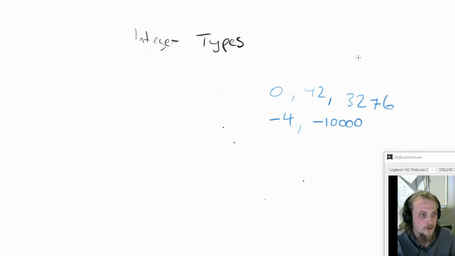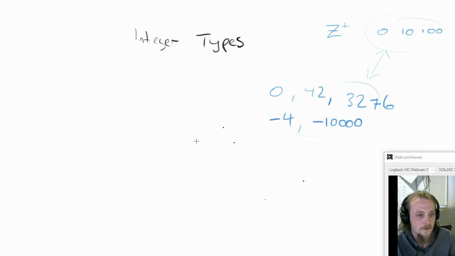Now, we can also have positive integers, which follows the mathematical definition, so just positives as well. These are common things that we want to store on a computer, just positive integers or integers in general.